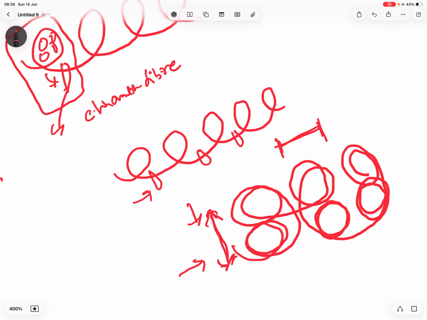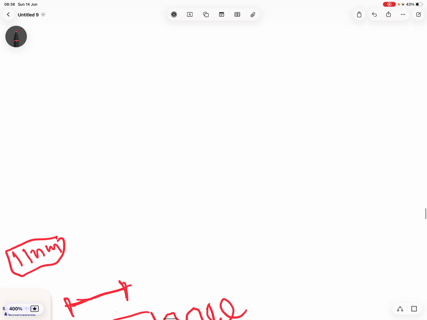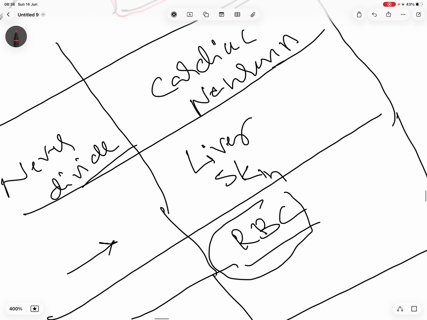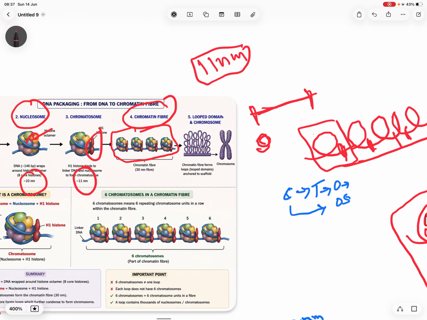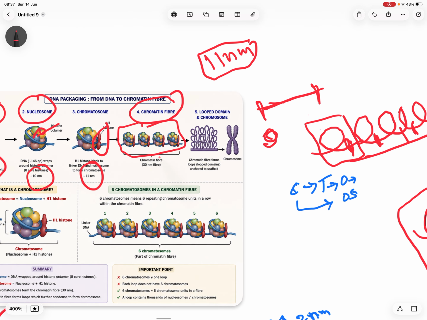That means the thickness of the chromatin fiber is increasing. When you see the diameter of this chromatin fiber, the size is now 30 nanometers.